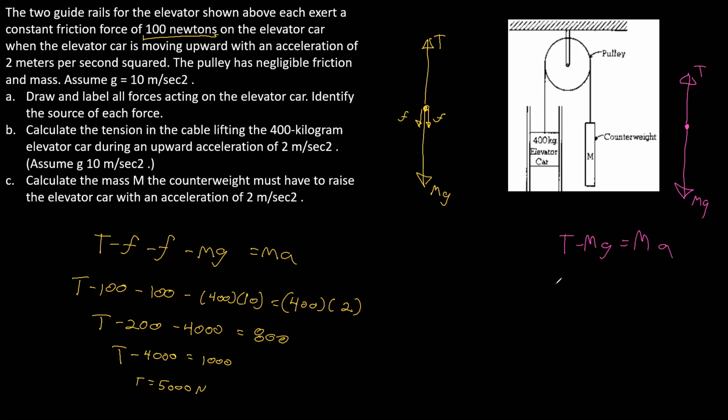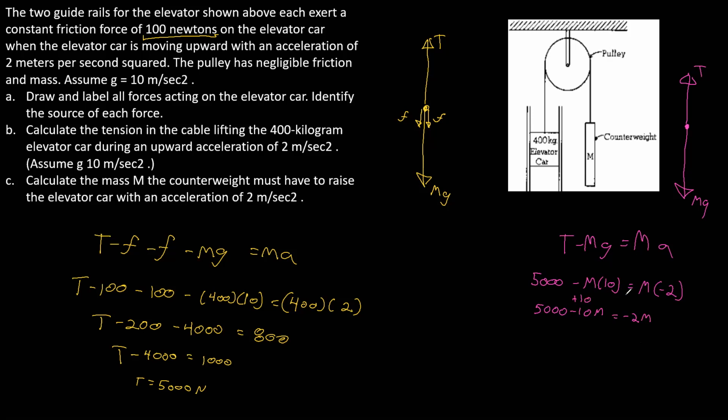Okay, so we know the tension is 5,000 newtons. We want to find the mass, and we know it should be falling at 2 meters per second squared. So this is 5,000 minus 10M equals negative 2M.